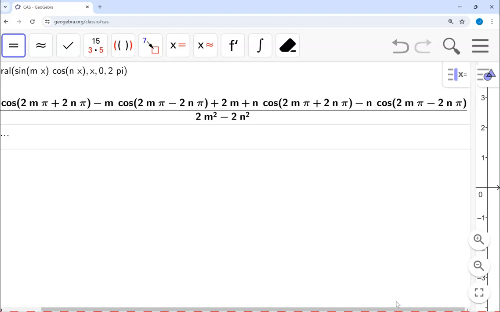So you would have sine of mx cosine of nx is 1/2 sine of (m plus n)x plus 1/2 sine of (m minus n)x. And now those are things that you can integrate easily. That's the trick for doing those.